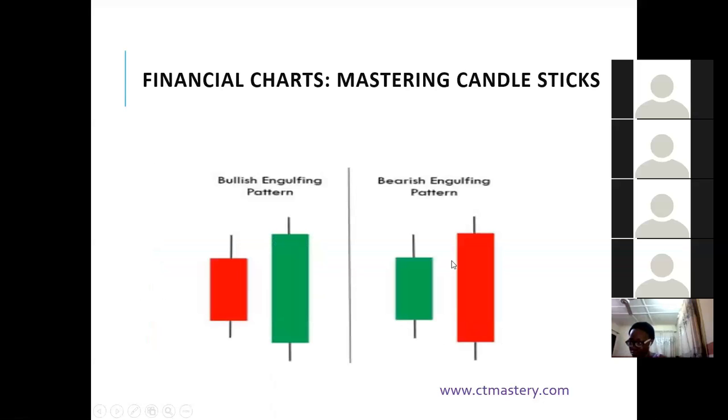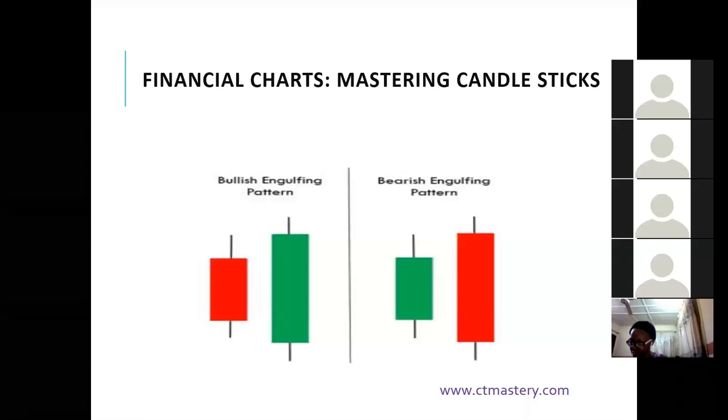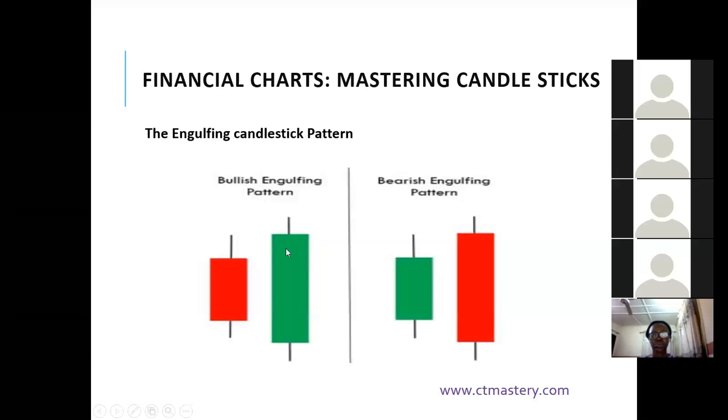So back to when we talk about the engulfing candlestick pattern, we say that the second candle is engulfing the first candle. It is bullish engulfing if the second candle is green and the first candle is red. It is bearish engulfing if the second candle is red and the first candle is green.